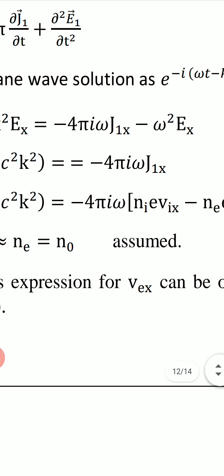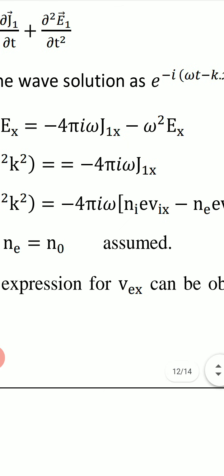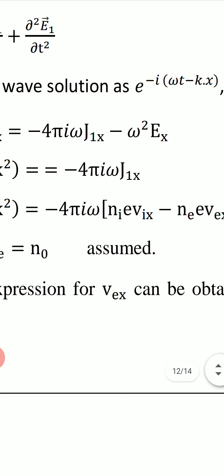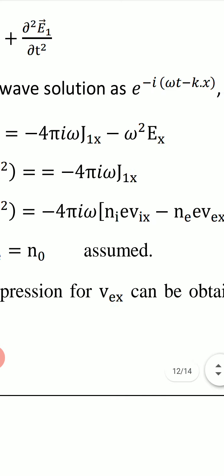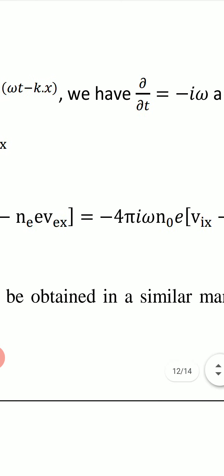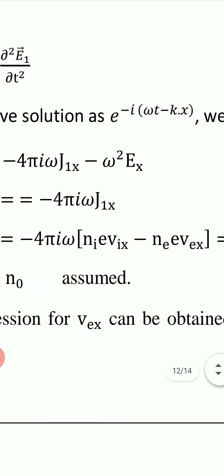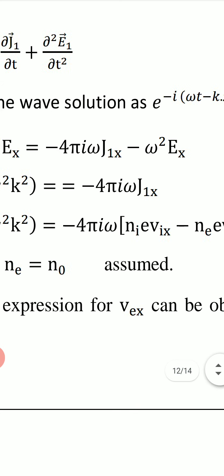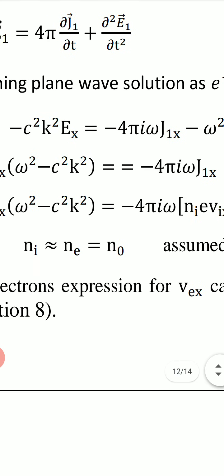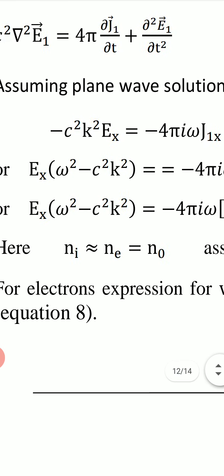J1x, and for d2 by dt square we have minus omega square, because delta upon delta t is minus i omega. So 2 times differentiation with t will give d2 by dt square, that is minus i omega into minus i omega, that is minus i square omega square, that is minus omega square. So we have minus omega square E, and we write its x component.